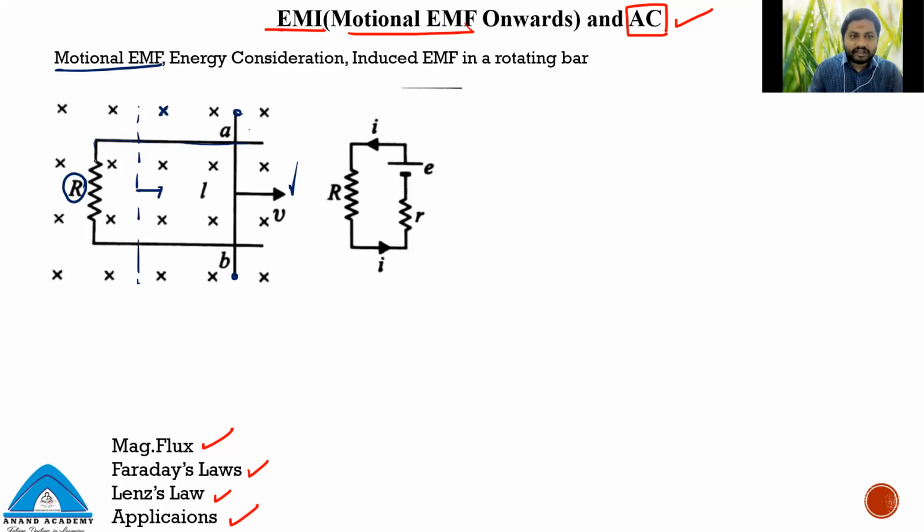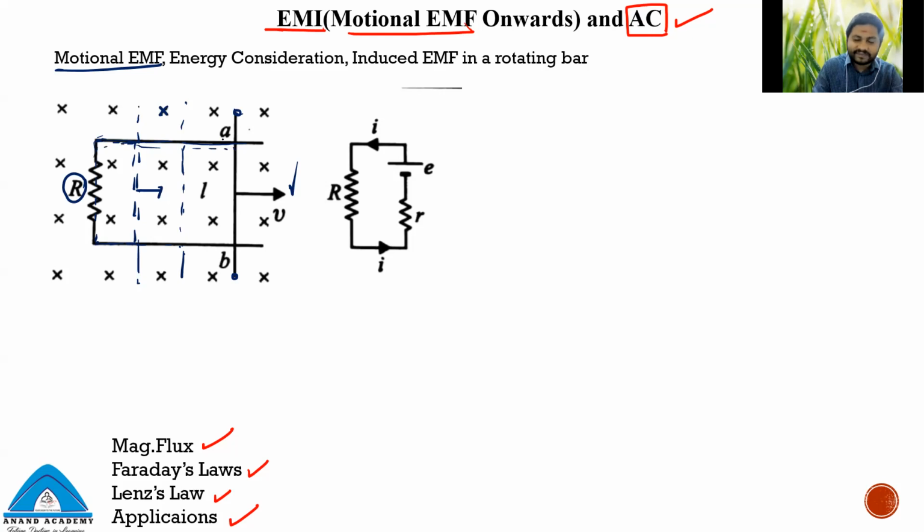There is a change in the magnetic flux linked with the coil. Initially, through this area only, the magnetic flux is linked. After some time, the magnetic flux linked with this particular area is changing.